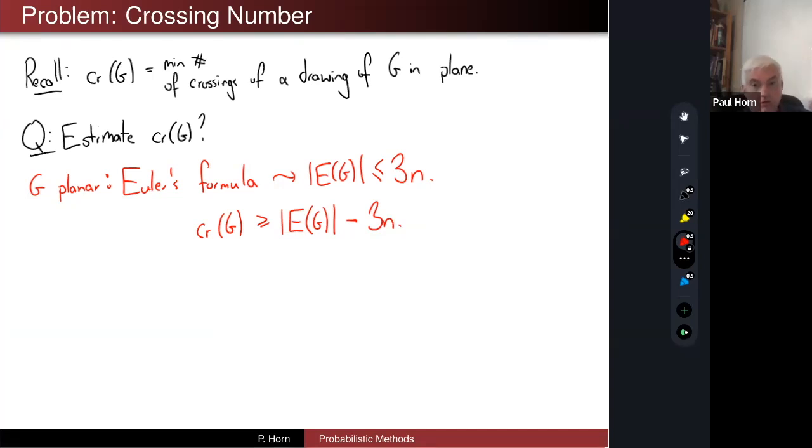And what I want to show you is a very simple way of amplifying this to get what's known as the crossing number inequality.